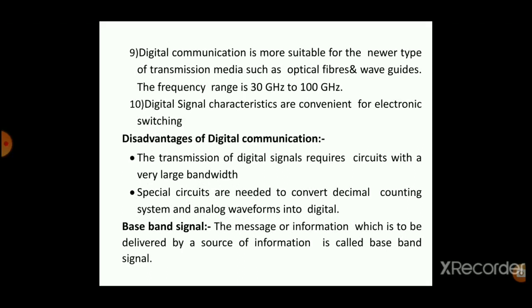Ninth one, digital communication is more suitable for newer types of transmission media such as optical fiber and waveguides. The frequency range is 30 GHz to 100 GHz. 10th one, digital signal characteristics are convenient for electronic switching.